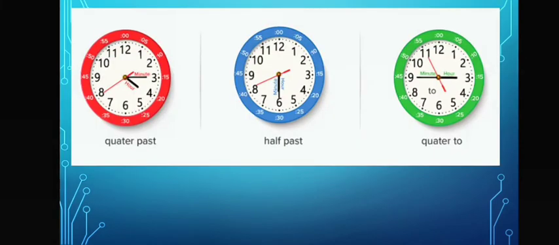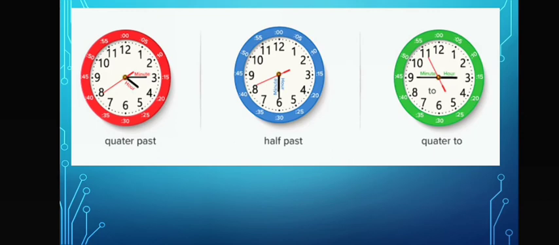Now let us learn a little more. Quarter past, half past, quarter to. These are other names which will come in future also. At present, we are just saying 30 minutes past 3 o'clock, or 45 minutes past 3 o'clock, or 5 minutes past 3 o'clock.